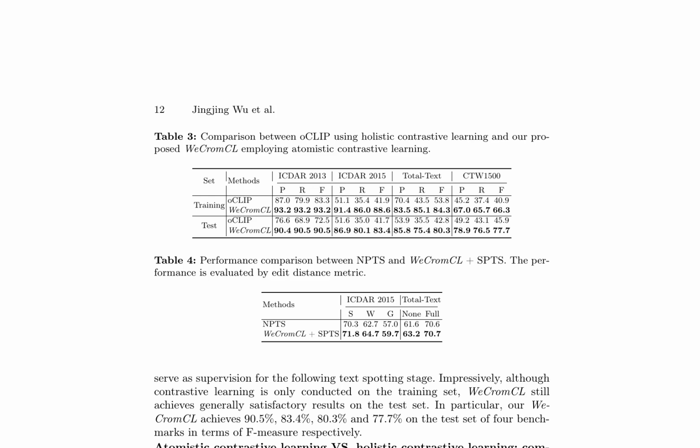Ablation studies reveal the crucial role of the character-wise text encoder and negative sample mining scheme in WeCromCL's success. WeCromCL outperforms OCLIP significantly on all benchmarks, showcasing the superiority of atomistic contrastive learning.